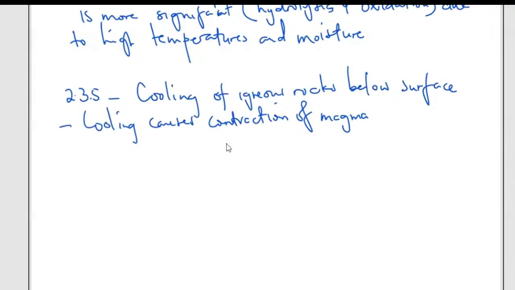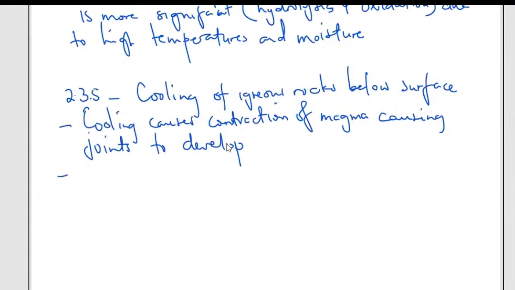And that change from an expanded state to a contracted state results in joints. It causes joints to develop.